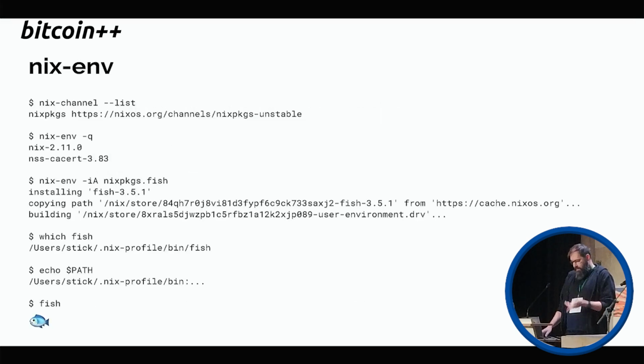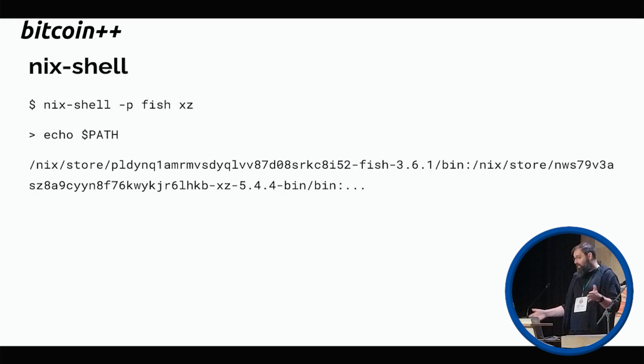Okay, so this was the nix-env example, but you might also want something more ephemeral, more temporal. Let's say you want to experiment with fish and the xz command, but you don't want to clutter your user environment. You don't want to have it installed forever on your system. You just need to try whether fish is the right thing for you. So we can just use nix shell -p fish xz.